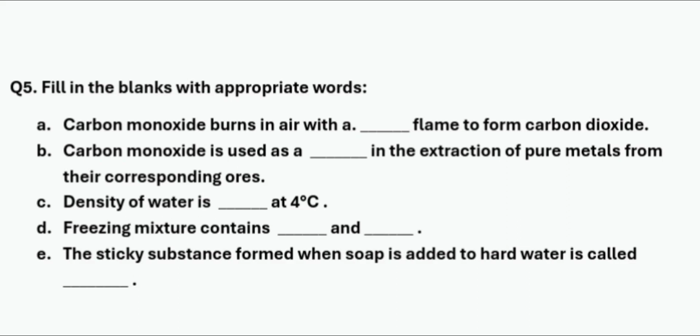Then question number 5 is fill in the blanks with appropriate words. At the blank places, you got to put that appropriate word which is befitting to chemistry. You may not write the sentences once again.